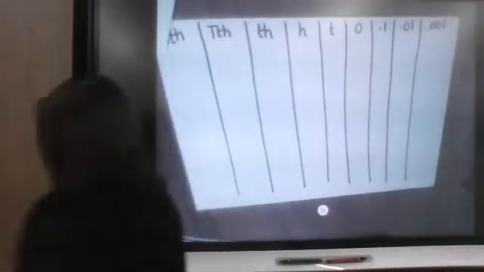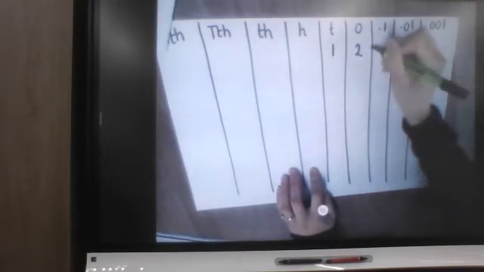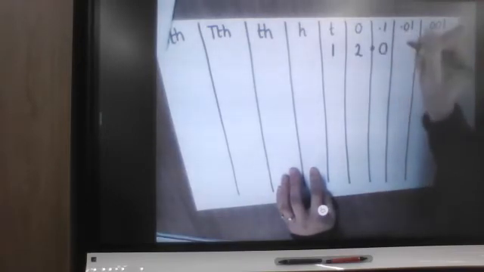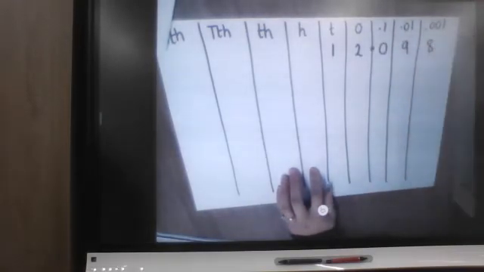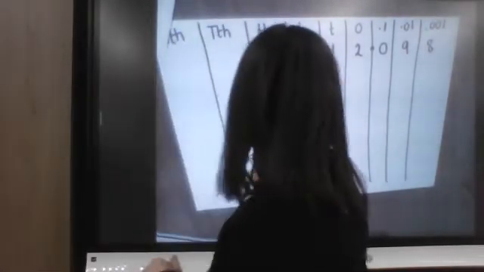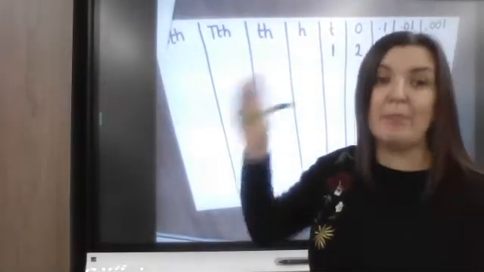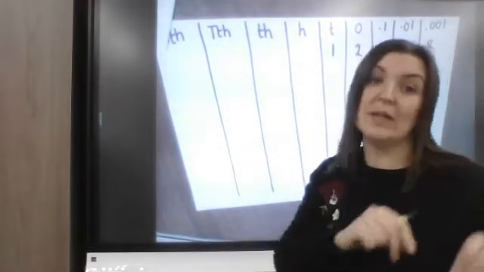I'm going to put it on my chart. 12.098. Okay, so when I multiply that by 10, it's going to move one place to the left because the number should be getting bigger. So each number needs to move one place to the left.